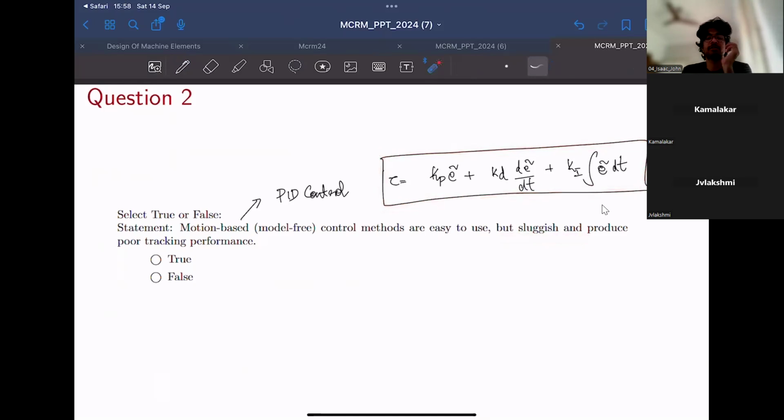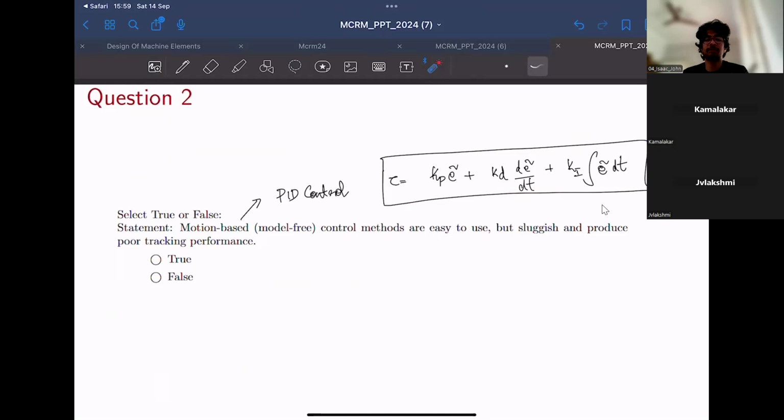Just like I was mentioning, if a system has more inertia along one direction and less inertia along another direction, and since the control law does not exploit that factor, when the system tries to move along a direction with higher inertia, it'll be very slow, very sluggish, compared to when it moves along a direction that has lower inertia.